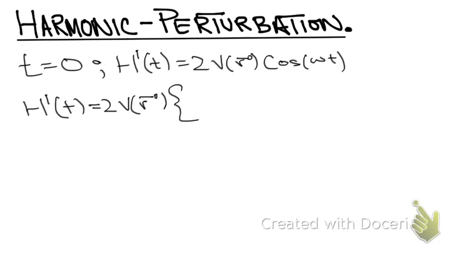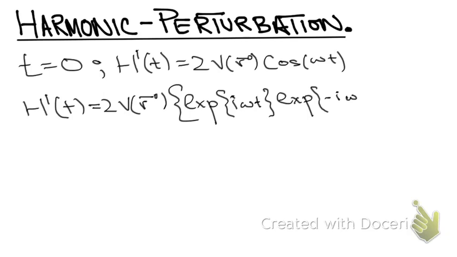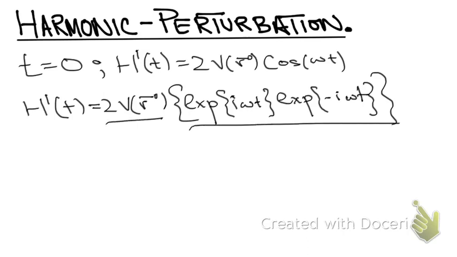Well, it's the exponential of i omega t plus the exponential of negative i omega t, right? And so this is my space part, and this is my time part.